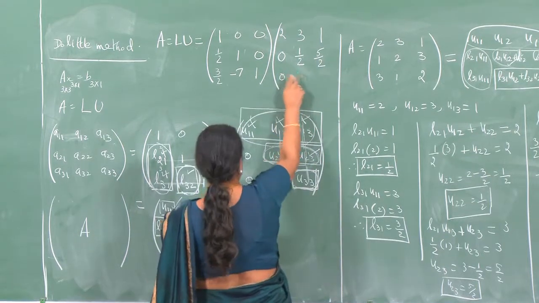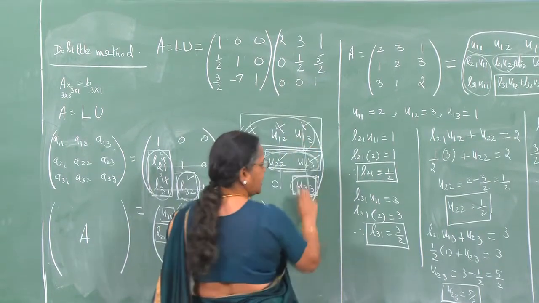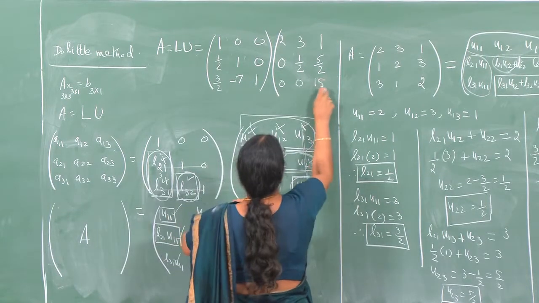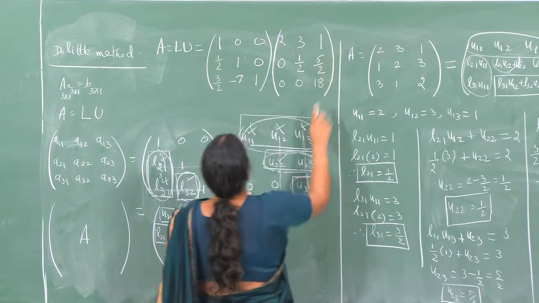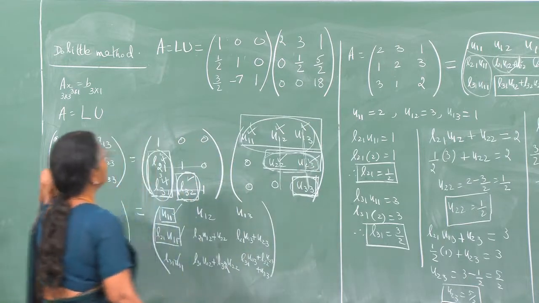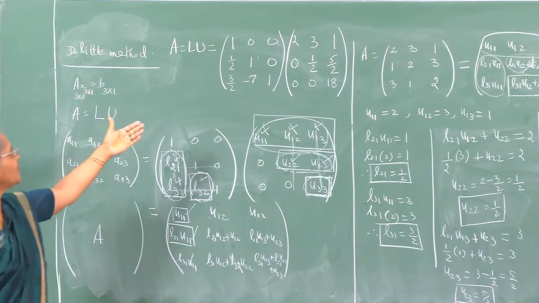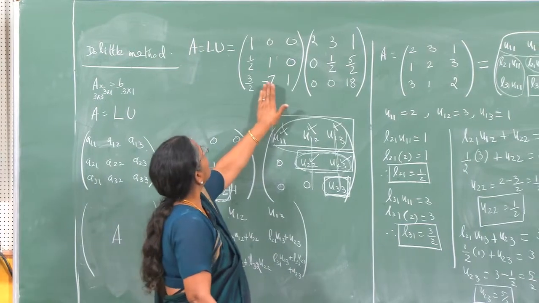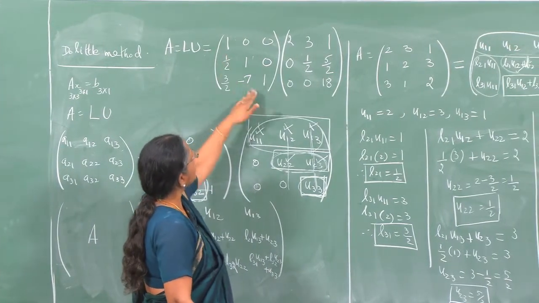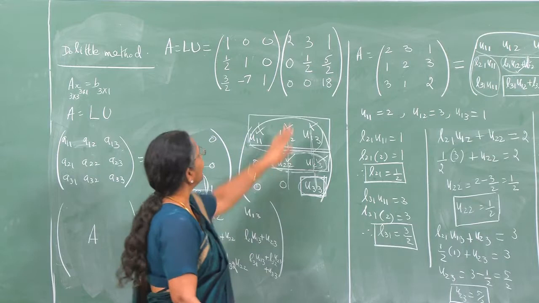Then we have 0, 0, U33 and that is 18. So, A has an LU decomposition of the form with L as a unit lower triangular matrix and U given by these entries.